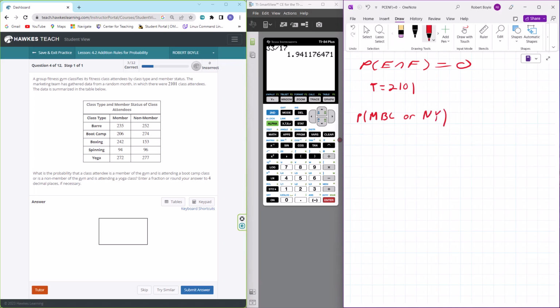Well, using our addition rule for probability, this is going to be equal to the probability of a member attending bar class plus the probability of a non-member attending yoga class minus the probability of their intersection, which will be equal to 0.